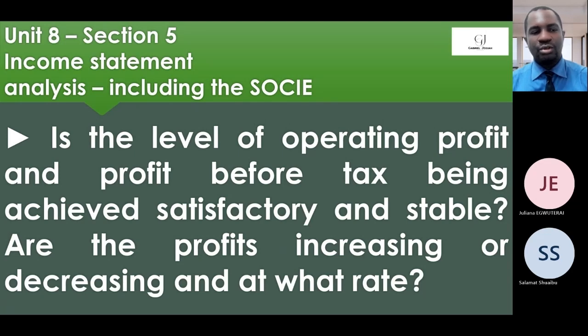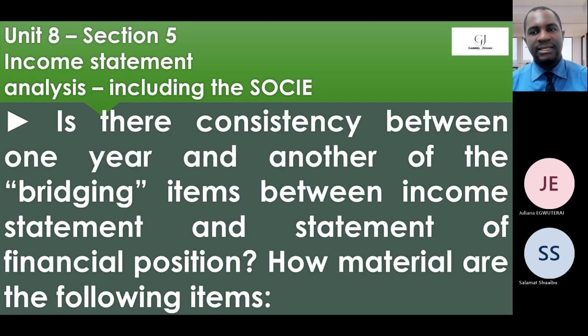By looking at the growth also, I think I duplicated this slide. Okay, so you also say, is there any consistency between one year and another of the bridging items? The bridging items, looking at inventory, looking at depreciation and amortization. So are there any inconsistencies or consistencies year by year on these bridging items in the SCI and the SFP?